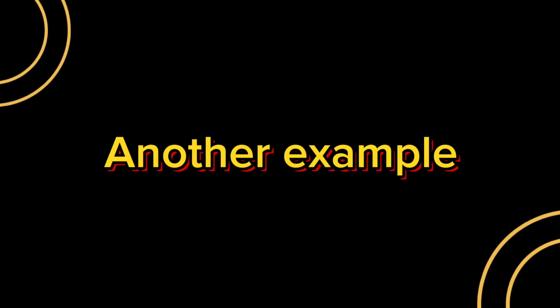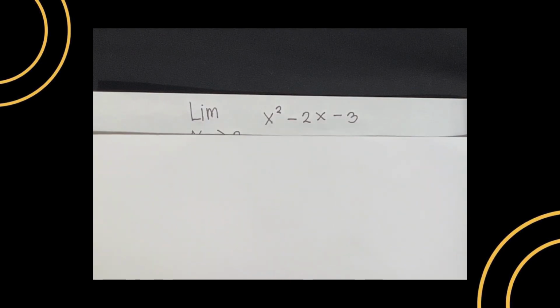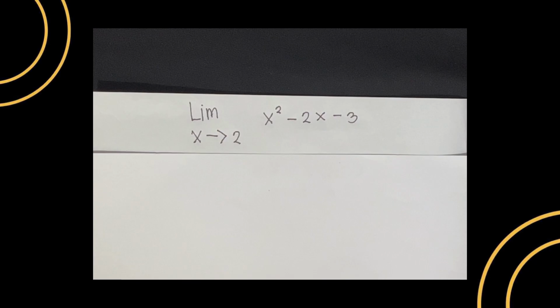Another example. In this example, we're doing a direct substitution again. The expression is asking for the limit as x approaches 2 of x squared minus 2x minus 3. When you're dealing with a limit, all you have to do is plug in a value into the function.